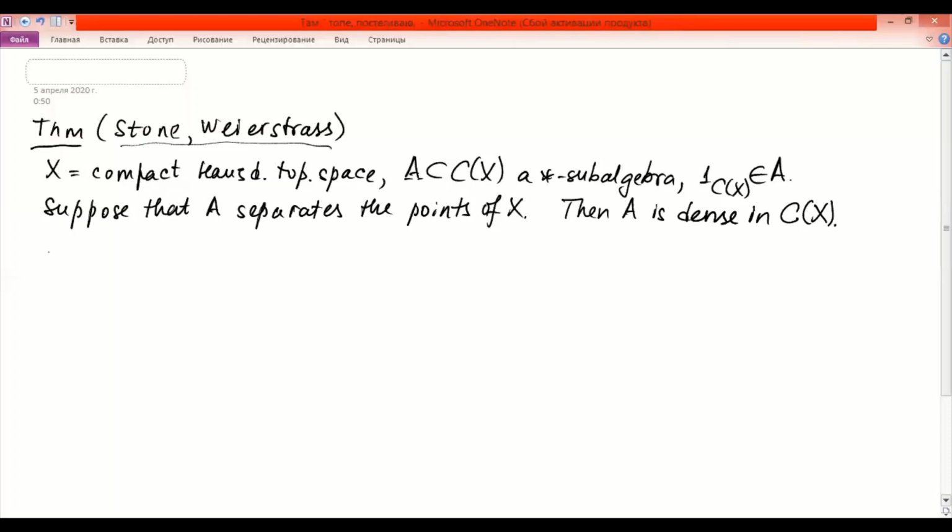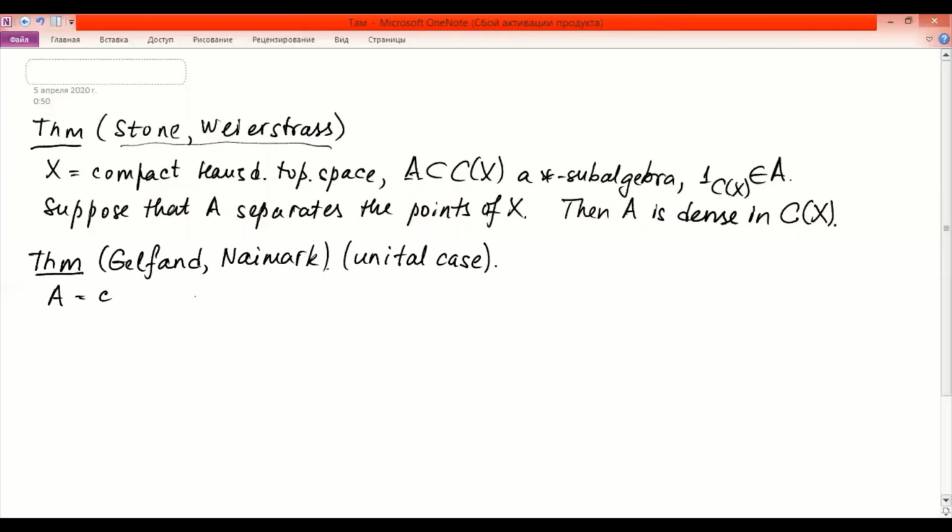Okay, now let's formulate and prove the Gelfand-Naimark theorem. Well, strictly speaking, this is the unital case of the Gelfand-Naimark theorem. Suppose that A is a commutative unital C-star algebra.